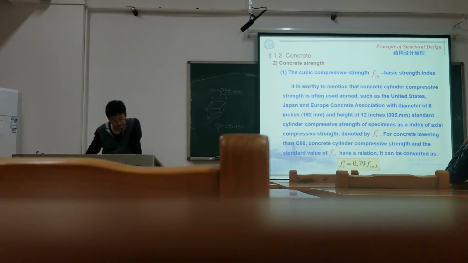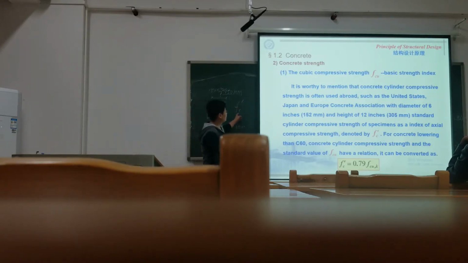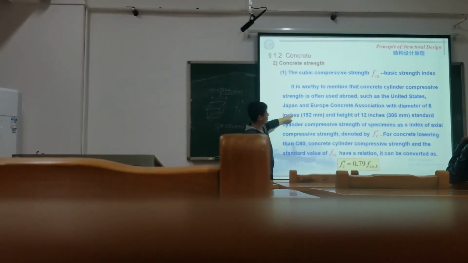And actually, we also introduced FCU, because FCU is used mainly in China, and in other countries, America or Europe, they use FC dash. They have this relation. How did they get this FC dash? The main reason is the specimen is different.